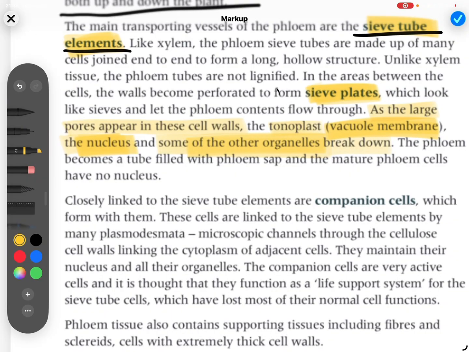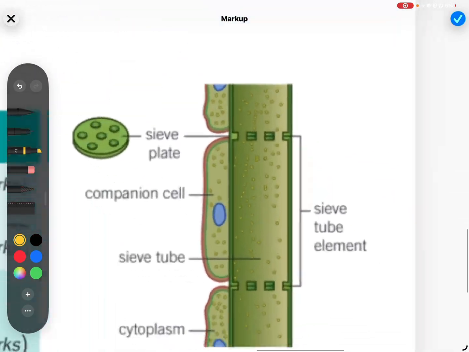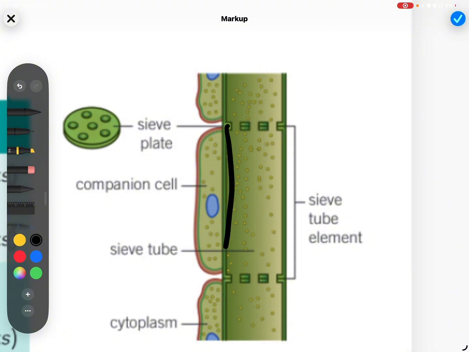So in the sieve tube cell, the nucleus is gone, the organelles are gone, and the tonoplast just breaks down.